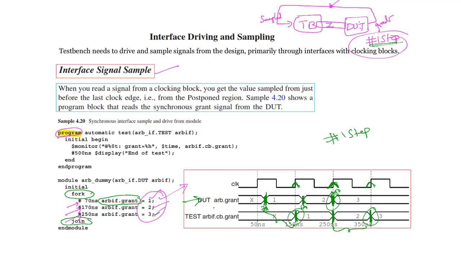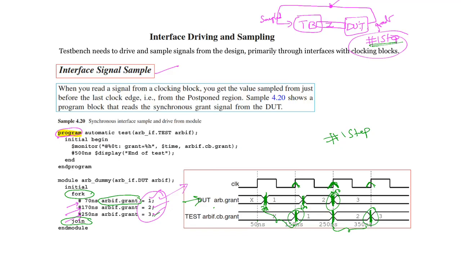Because in SystemVerilog the test bench and DUT always communicate through interface clocking blocks only. So this is what we verified: sampling is always done after #1 step.